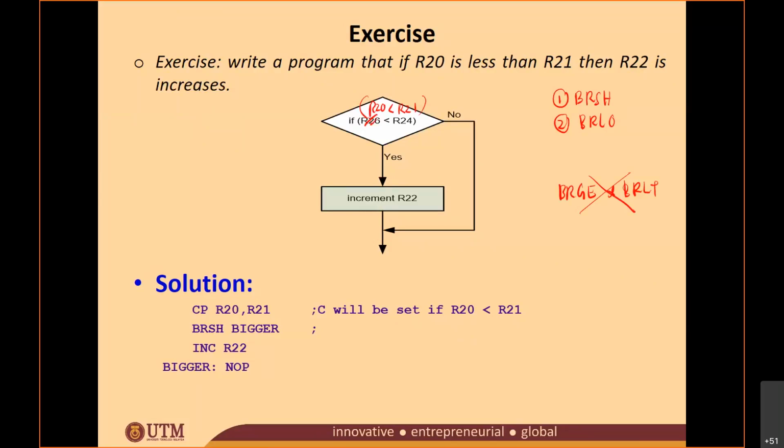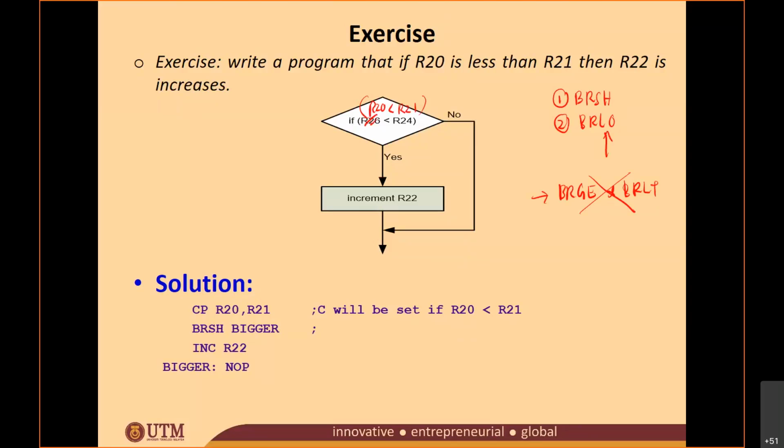Why can't you use BRGE and BRLT? Because BRGE stands for branch if greater or equal, while BRLT is branch if less than. They are similar to these, but why can't we use them?